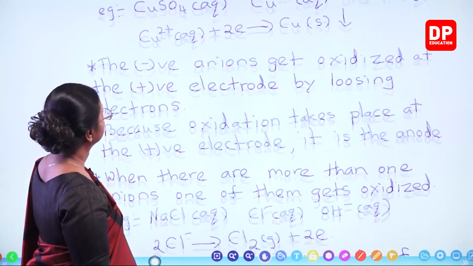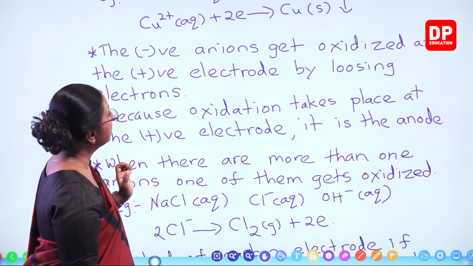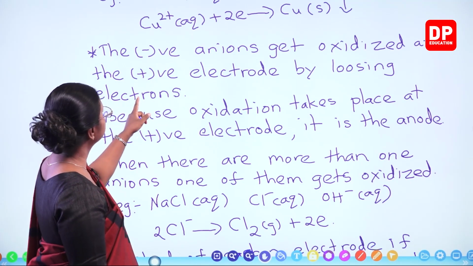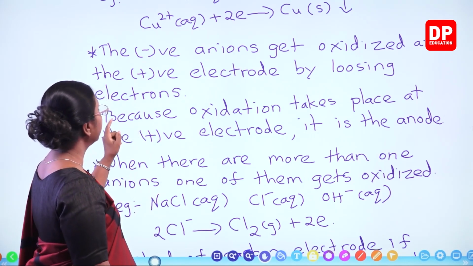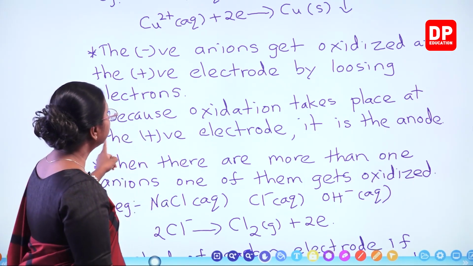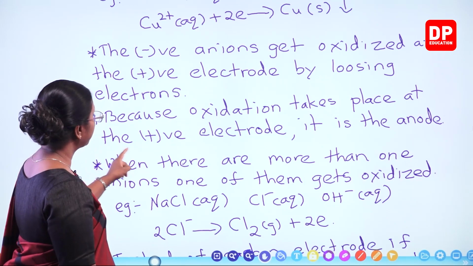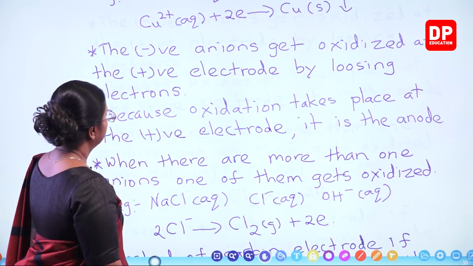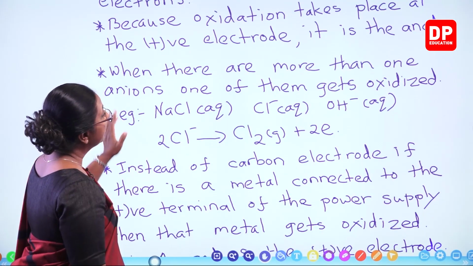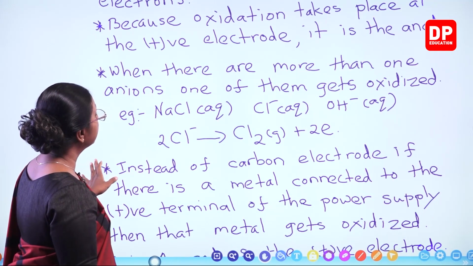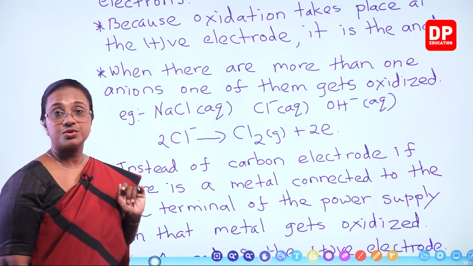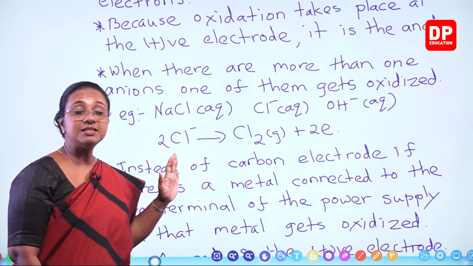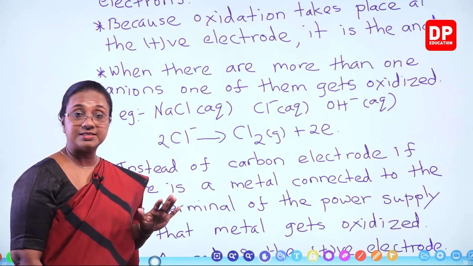Then, the negative anions get oxidized at the positive electrode by losing electrons. So, because oxidation takes place at the positive electrode, it is the anode. And when there are more than one anions, one of them gets oxidized. But the factors that affect this are not discussed.